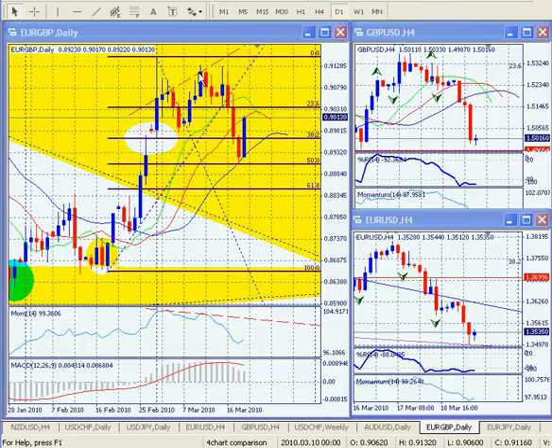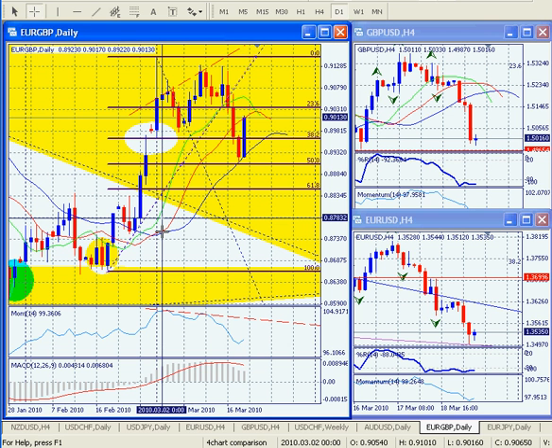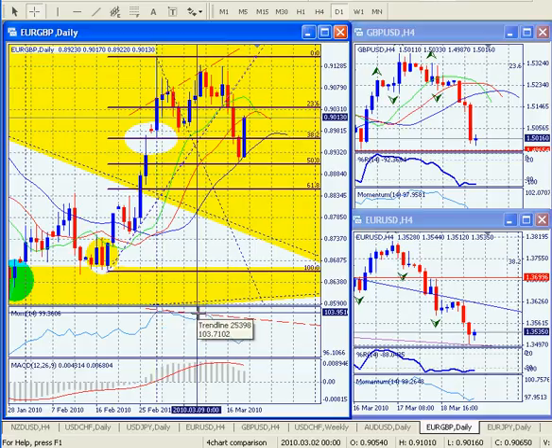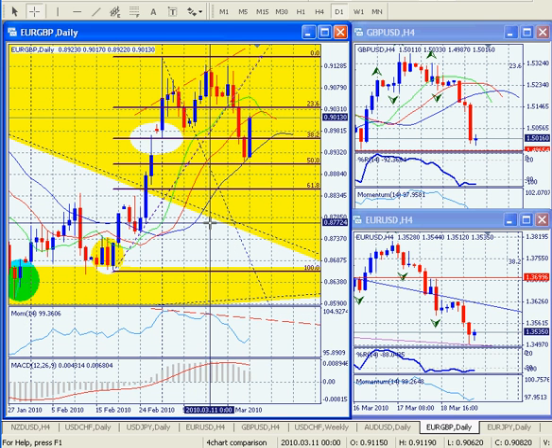That is a selling divergence when you compare it with the momentum and the moving average convergence divergence, where a diagonal line going lower creates the selling pressure for the euro pound to move lower.